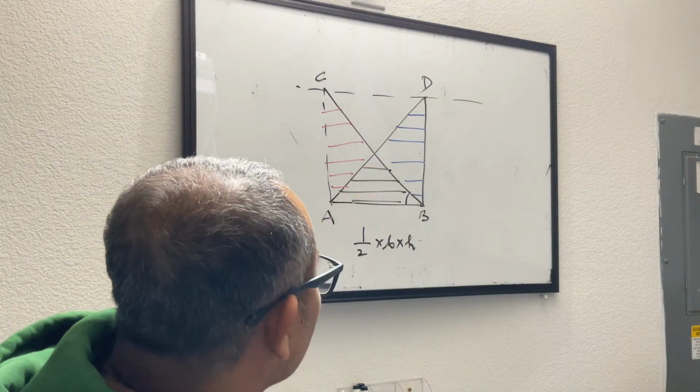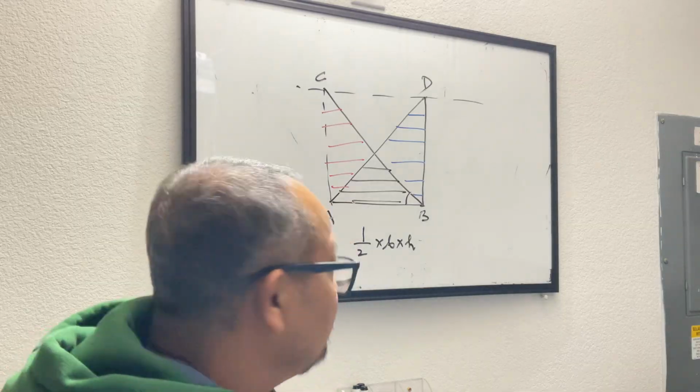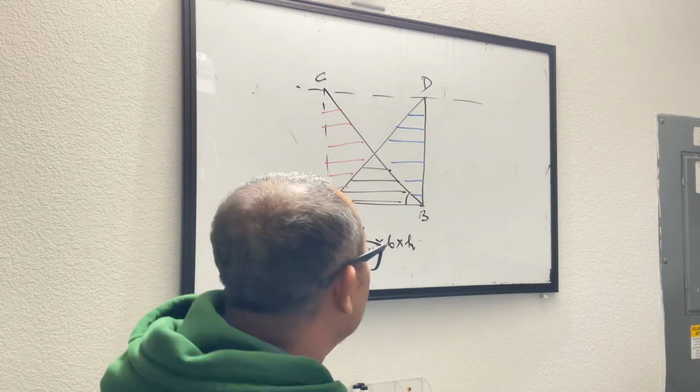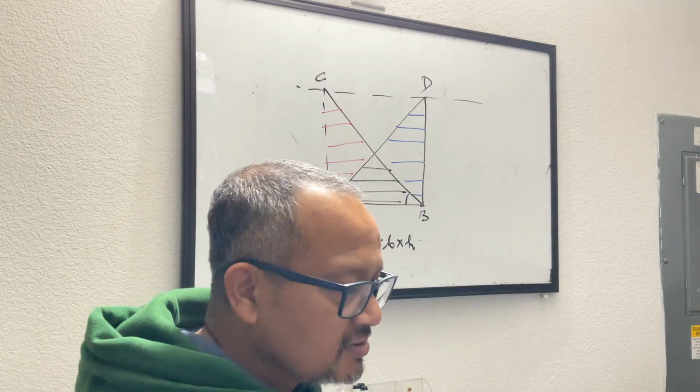This is the simplest example that we are trying to prove. It will be easy to prove visually as well as mathematically, and then we can extend that to make that a generic rule.